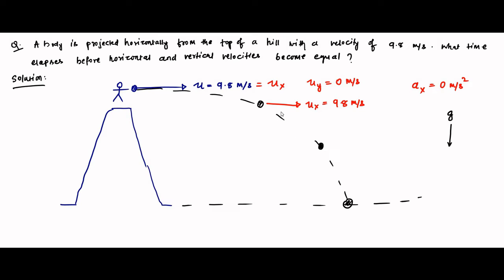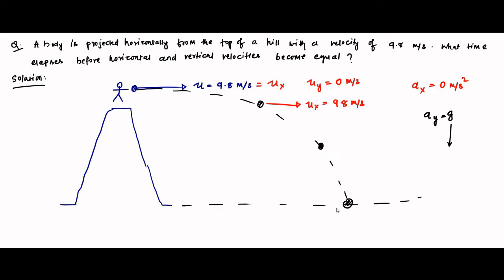For the vertical component of the motion, the acceleration along the y-axis is equal to g, because the acceleration due to gravity is acting downwards and the motion of the stone along the vertical direction is also downwards.